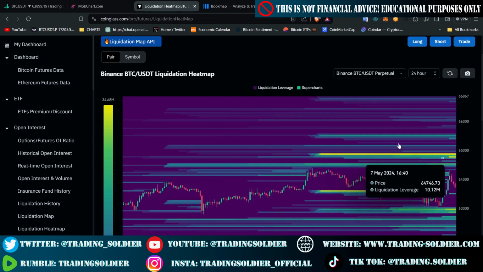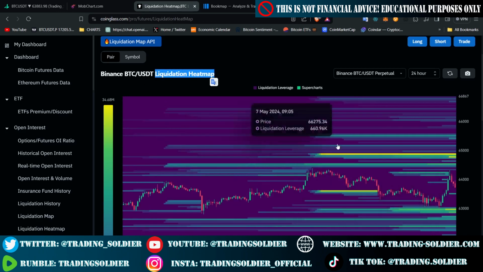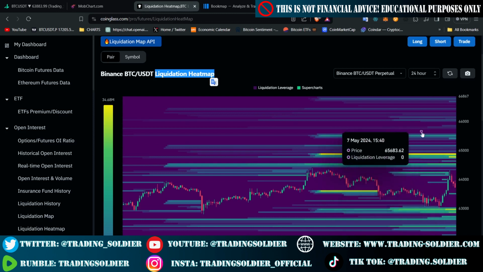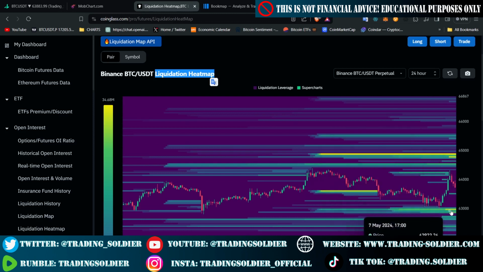So a lot of liquidations, that's why it's a liquidation heat map, will be triggered if the price reaches this area. And on the opposite side, if we have a lot of liquidations from the long side at $63,000, if the price drops and reaches this area, a lot of long liquidations will be triggered.